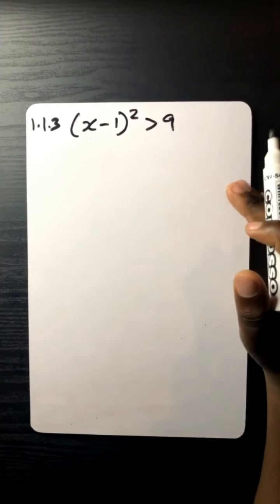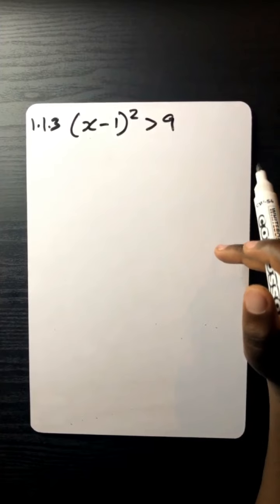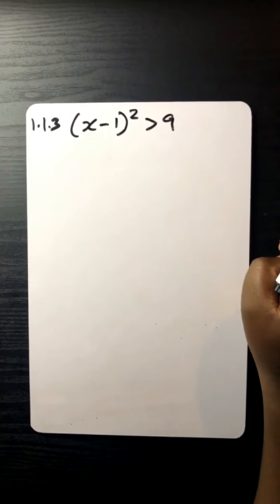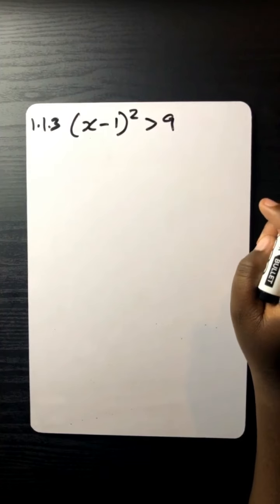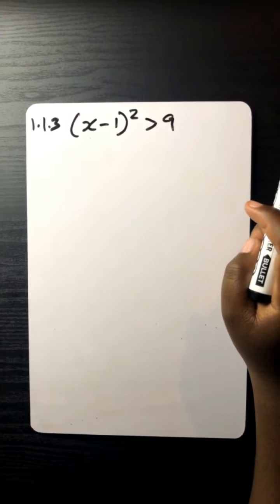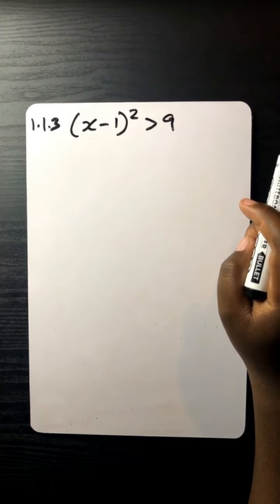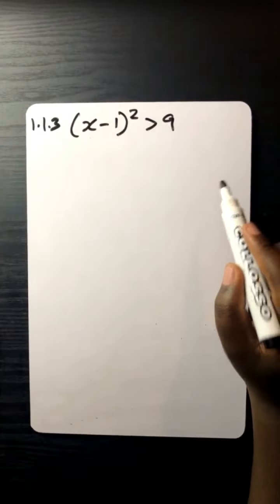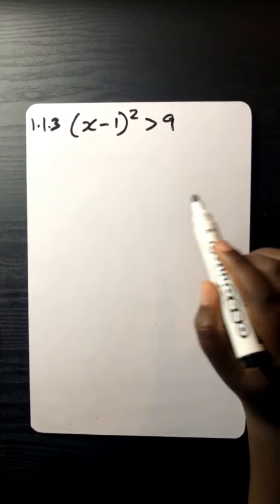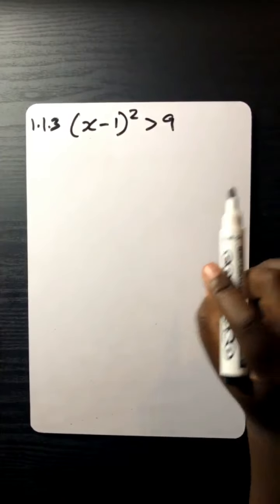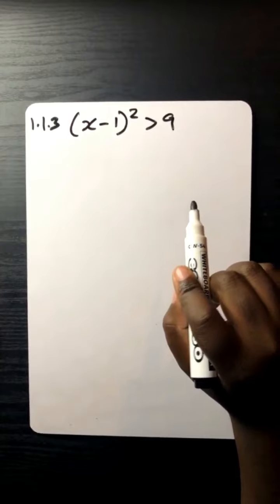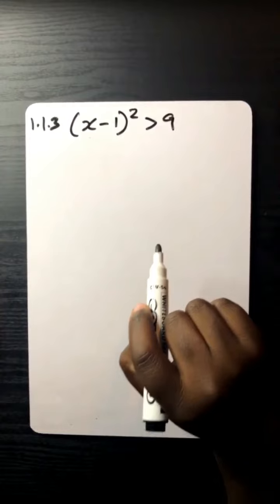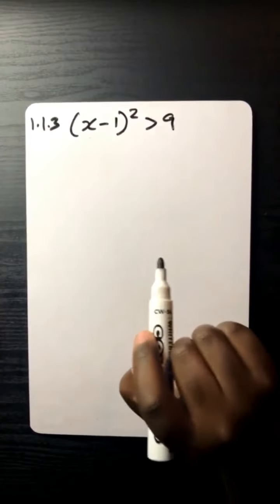Once it's in the standard form, we can apply all the methods applicable to quadratic inequalities. The first thing you need to do is rewrite it in the standard form. The tricky part about quadratic inequalities is that they don't give it to you in the standard form; they want you to work it out until it is.